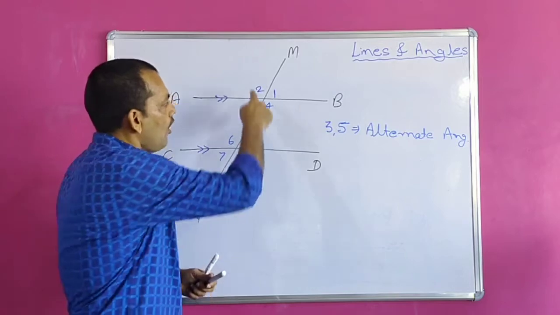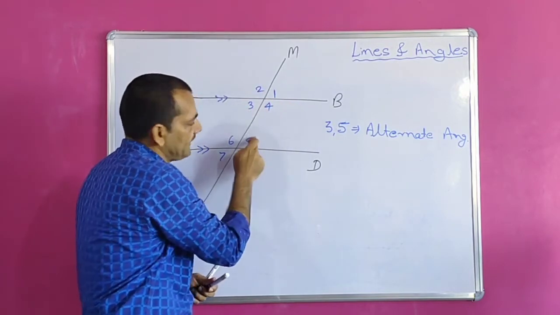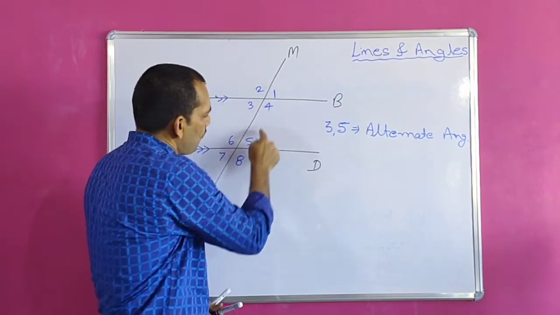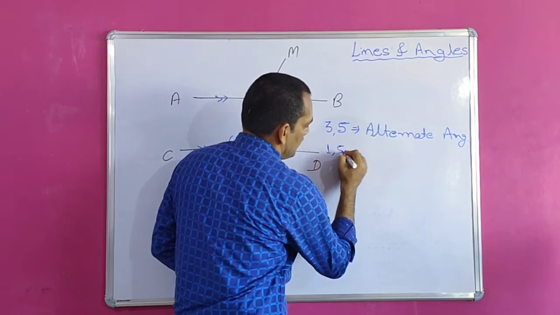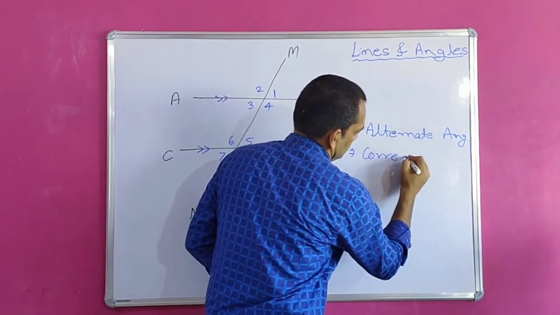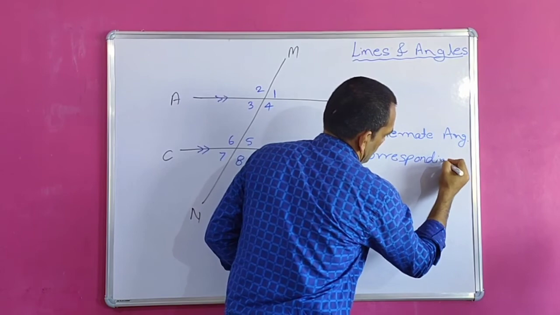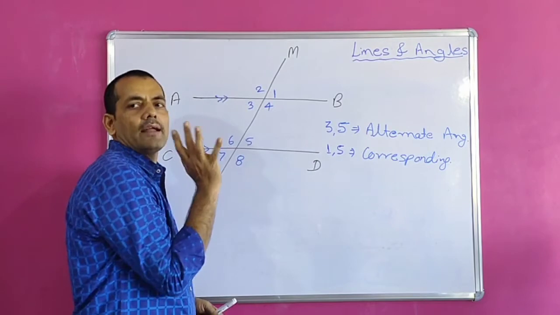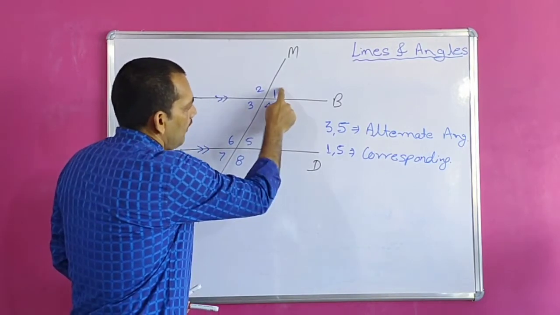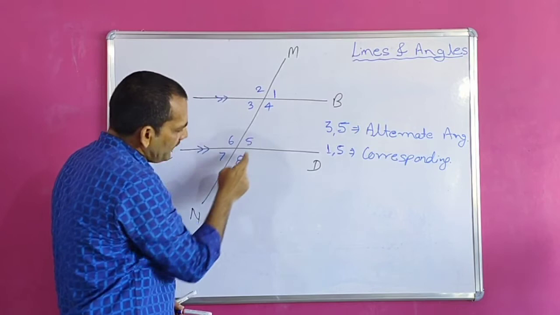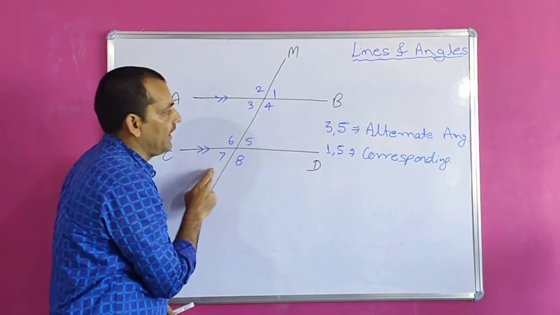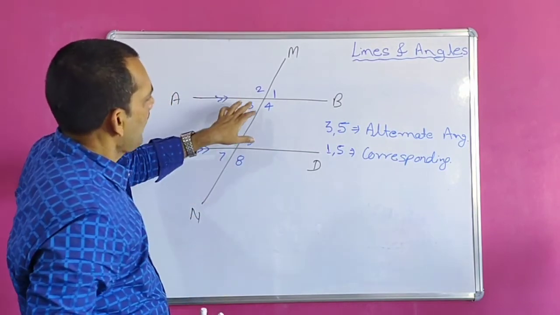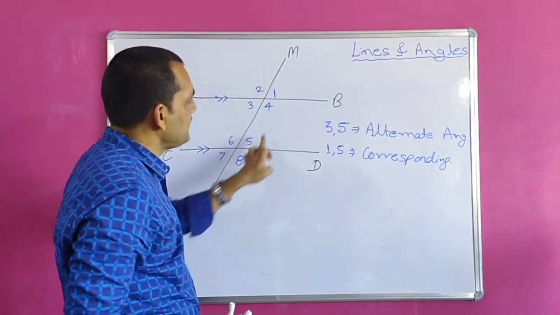So far we have seen opposite angles and alternate angles. The third one is the corresponding angle. Angles 1 and 5 are known as corresponding angles, and all the corresponding angles are equal. Means 1 equals 5, 4 equals 8, 3 equals 7 and 2 equals 6. So there are a total of 8 angles.